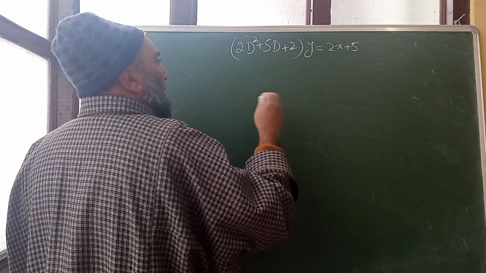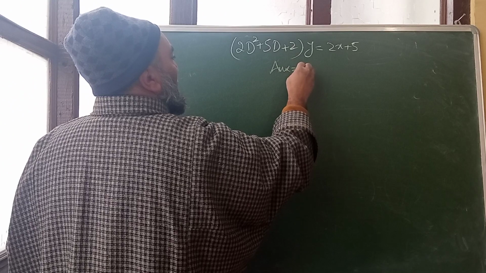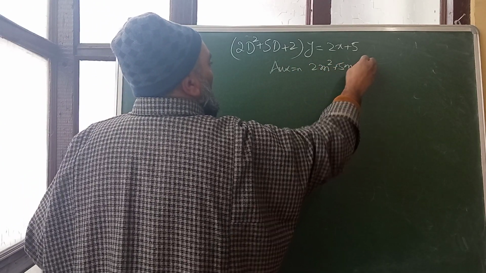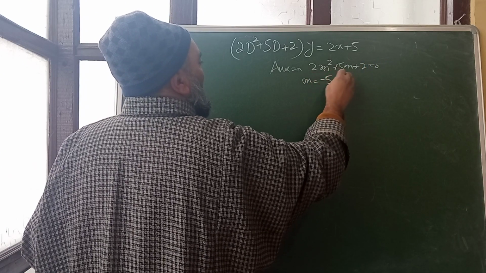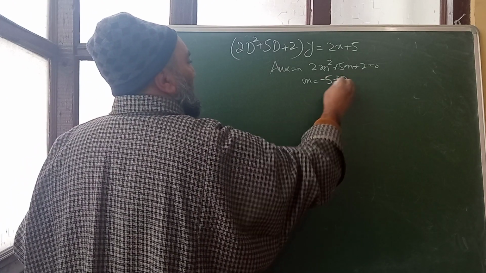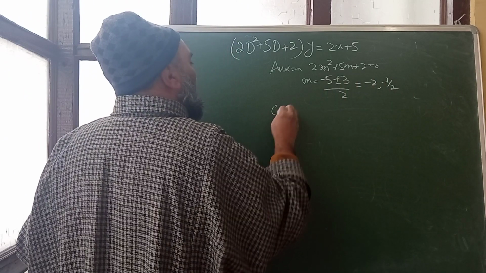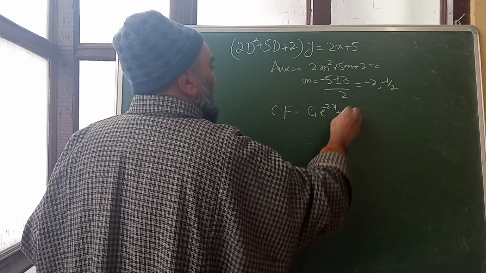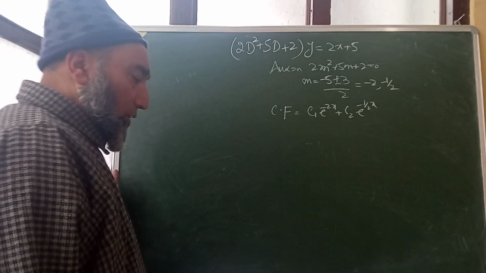Auxiliary equation is 2m square plus 5m plus 2 equals 0, which gives m equal to minus b plus minus root of 25 minus 16, which is 9, root is 3, by 2, which gives minus 2 and minus half. Complementary function: c1 e raised to the power minus 2x plus c2 e raised to the power minus 1 half x. This is the complementary function.